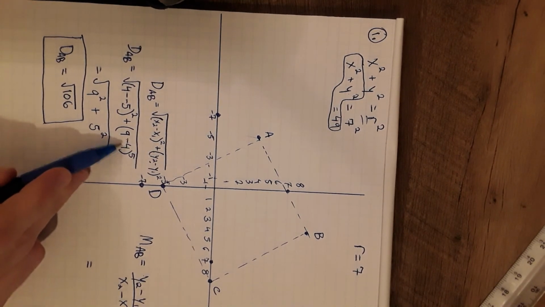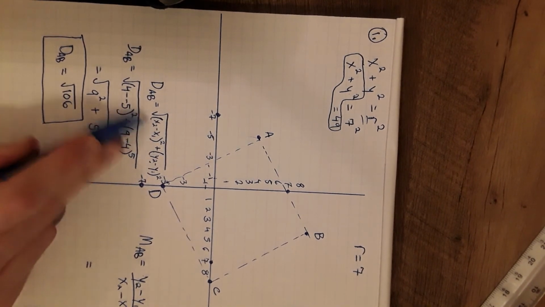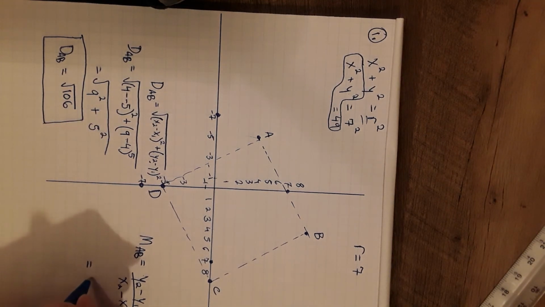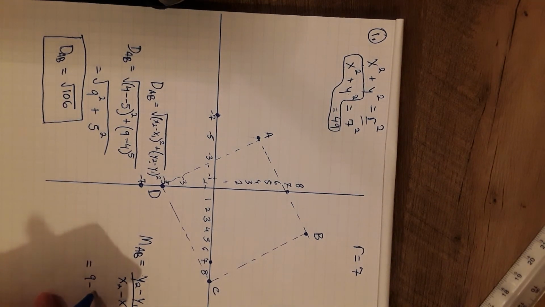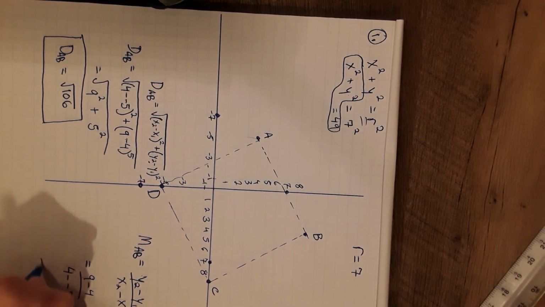You can just take them from here. This is y2 minus y1, and this is already x2 minus x1. So we could do 9 minus 4 all over 4 minus negative 5 equals 5 over 9. That's kind of cool. So yeah. Oh, shoot.